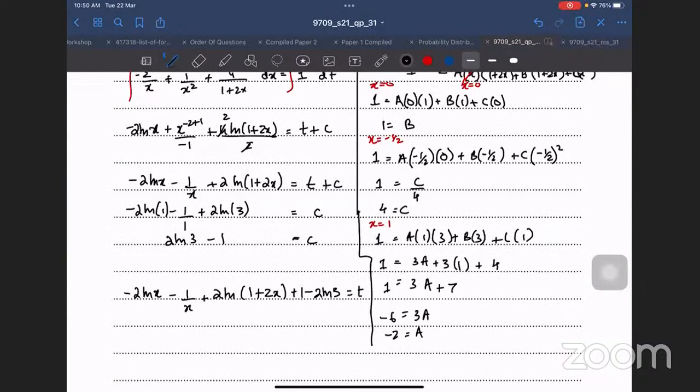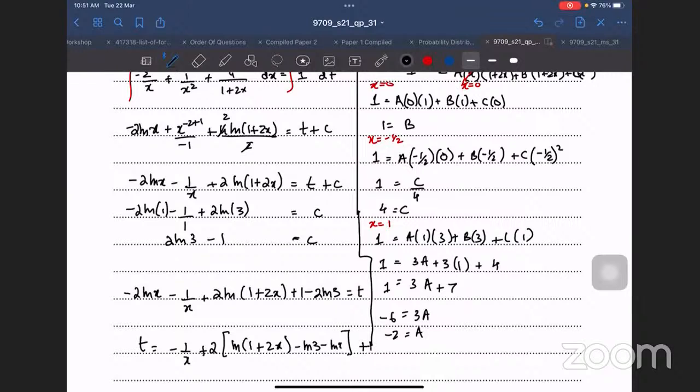Even if I wanted to combine, it isn't very difficult. I can gather terms together. I can say that this is minus 1 over x. I could factor out the 2 from all the ln's, and I can say that this is ln (1 plus 2x) minus ln 3 minus ln x.